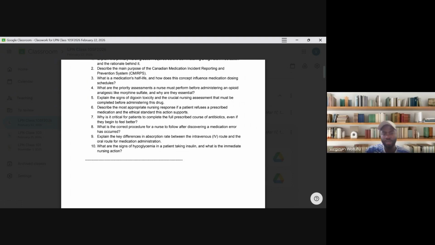So question 6: describe the most appropriate nursing response if a patient refuses a prescribed medication and the ethical standard this action supports.